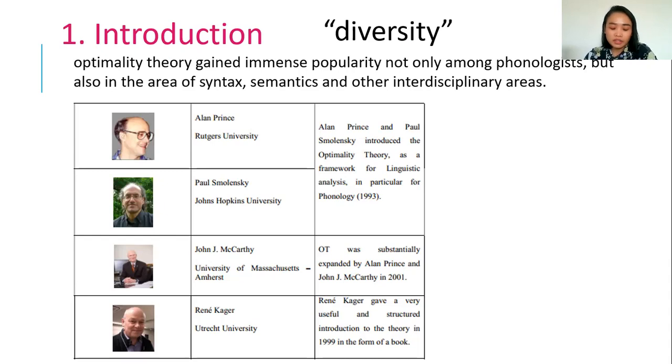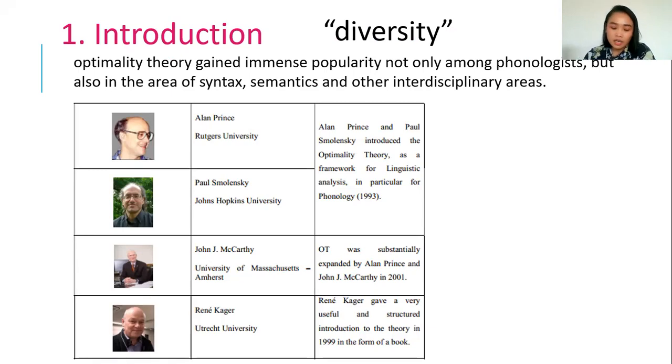It is widely adopted by scholars, not only in the area of phonology, where OT was initially developed and applied, but also in other areas of linguistic studies, such as syntax and semantics.